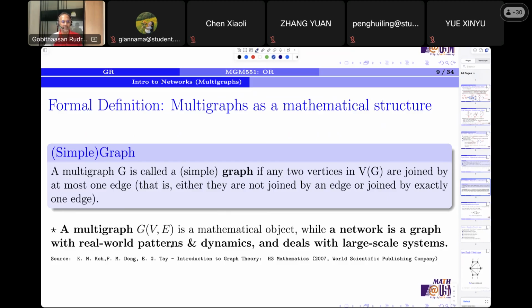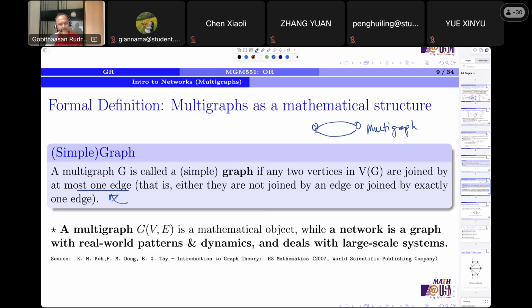So this is the so-called graph, just one edge. If we have two vertices joined by two edges, it violates this rule, at most one edge. So this is called a multigraph.